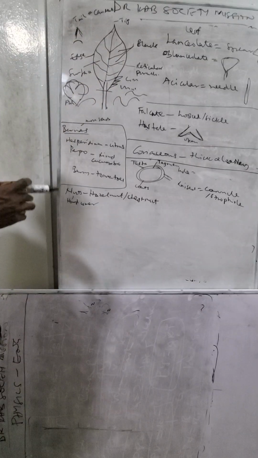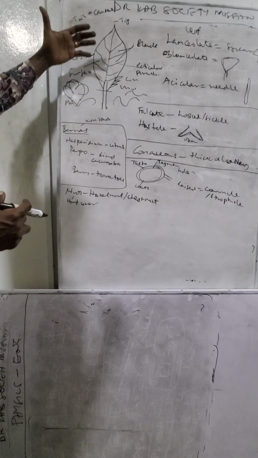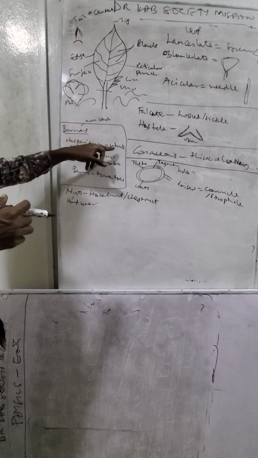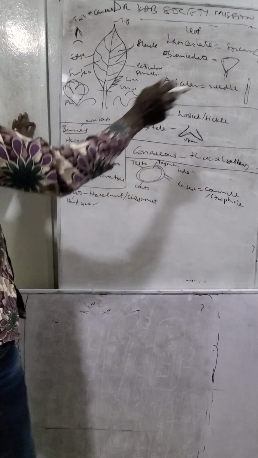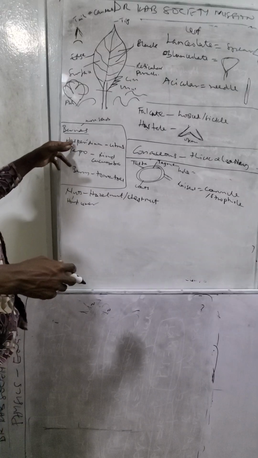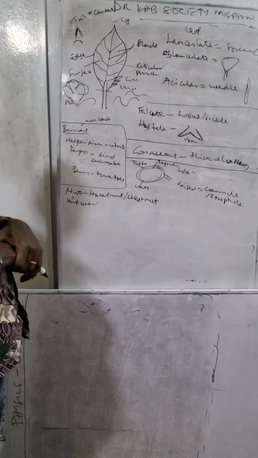Then when we came to the fruits, which are arising from the flowers that we have: the Hesperidium is referring to the citrus, the orange group. The berries have more seeds. We have the Hesperidium, example being the orange group.